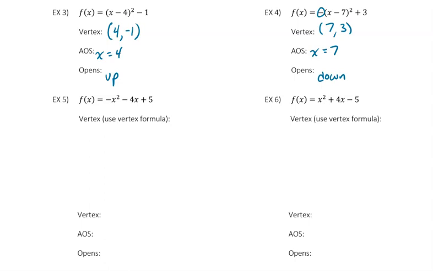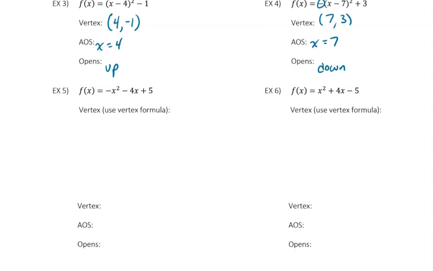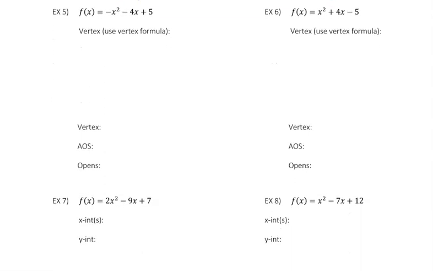All right. So example 5, this one is not in vertex form, unfortunately. But don't forget, we do have that little formula that lets us find the vertex. So it all starts out by doing negative b over 2a. So in this case, our a is negative 1, b is negative 4, c is 5.